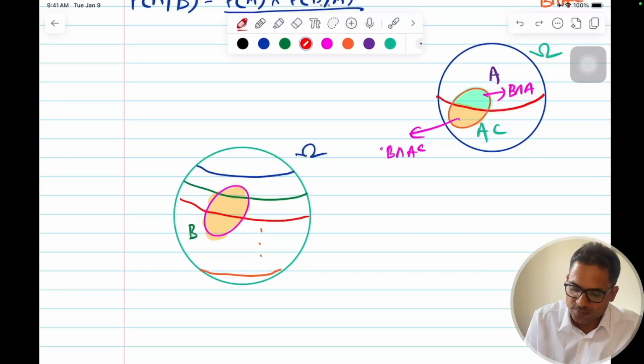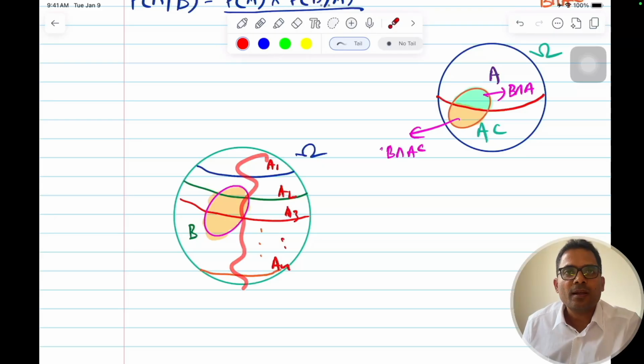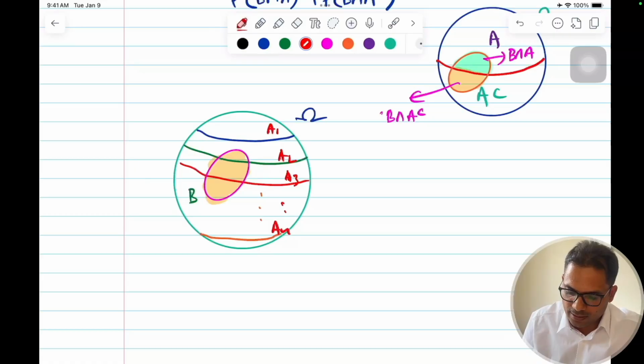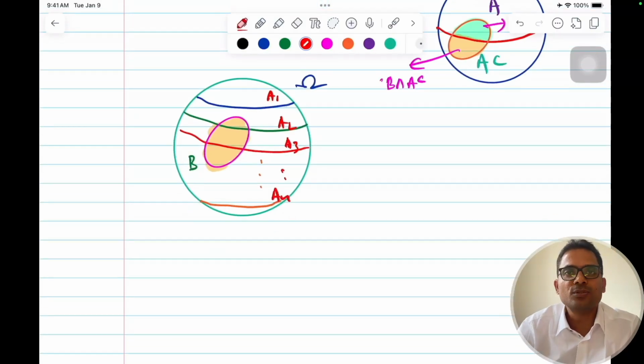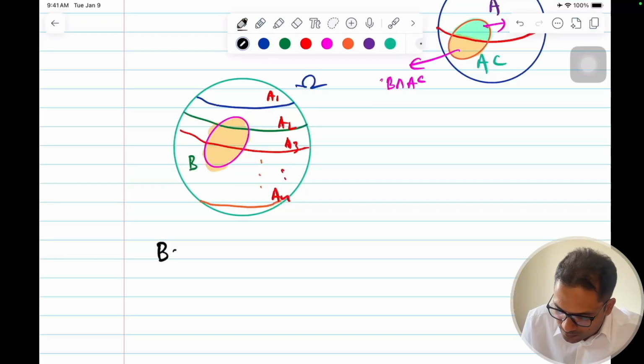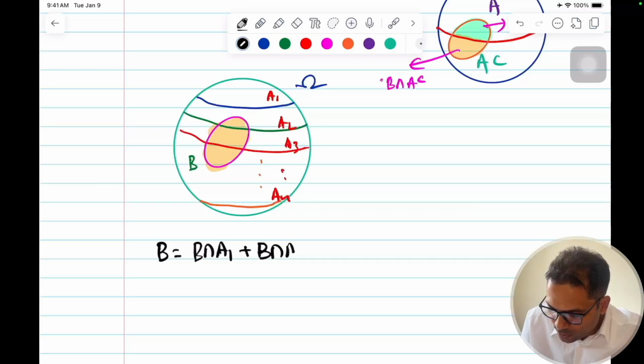Let me name them. So this is A1, A2, A3, till AN. So the sample space is divided into n parts. And now if you want to calculate the total probability of B, how shall we do that? Can we write that B is equal to B intersection A1 plus B intersection A2, and so on till B intersection AN.